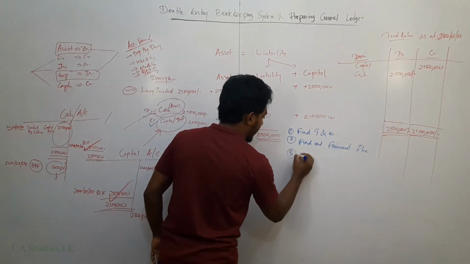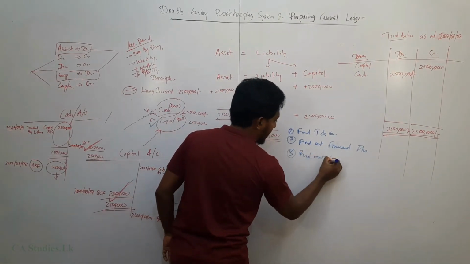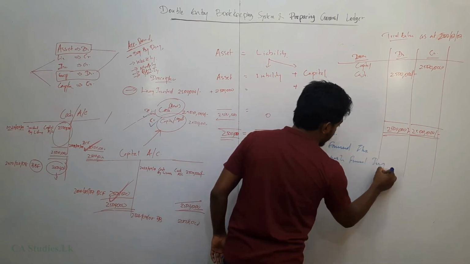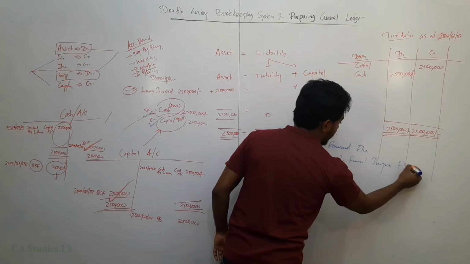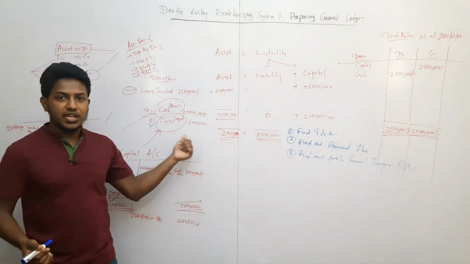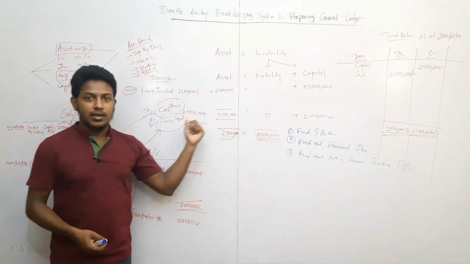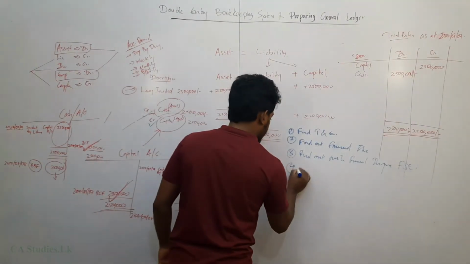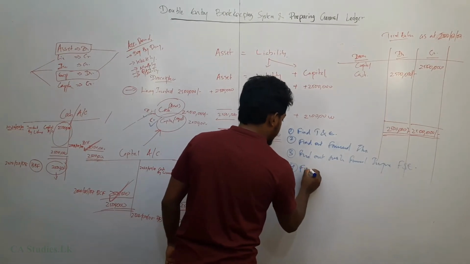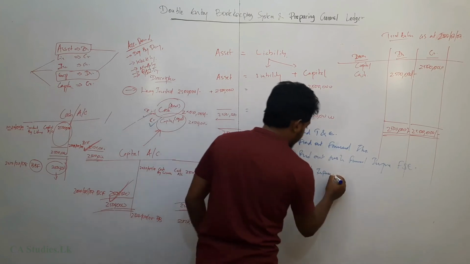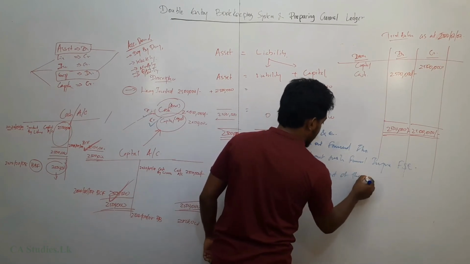Third, find out the impact of each financial item on the financial statement element. Cash is an asset, capital is equity. Now find the impact of that element.